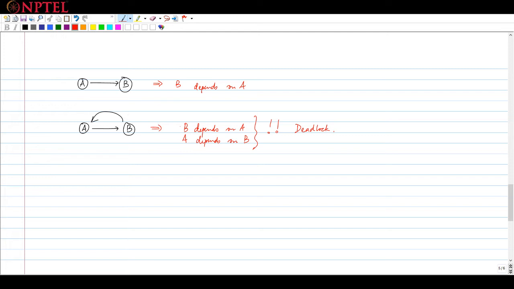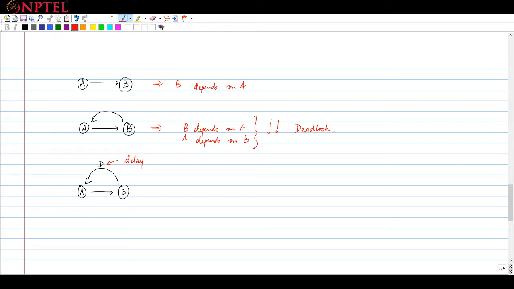The only way I can do it is if I say that, all right, if I have something like this, which basically says A is required before B can execute and B is required before A can execute, but there is a delay element out here, right? What does the delay element say?